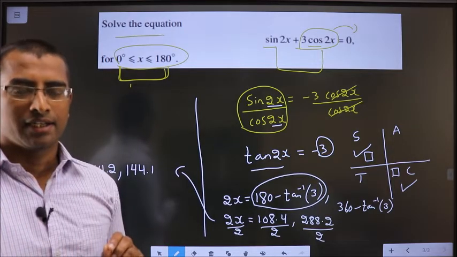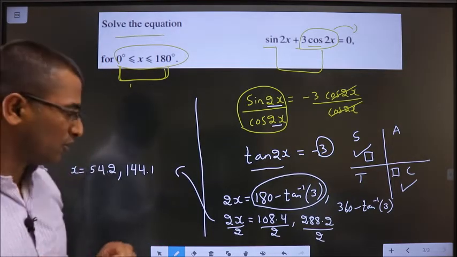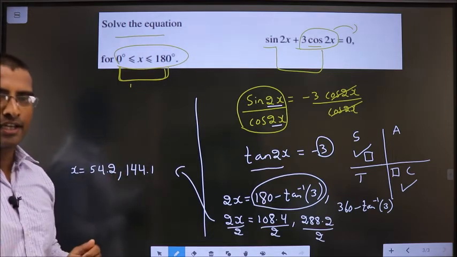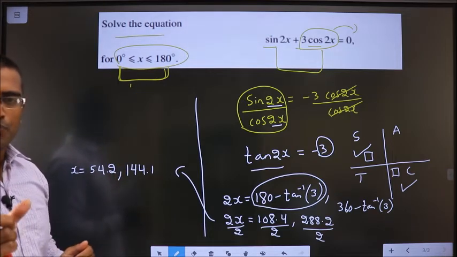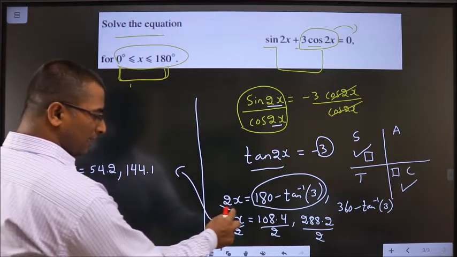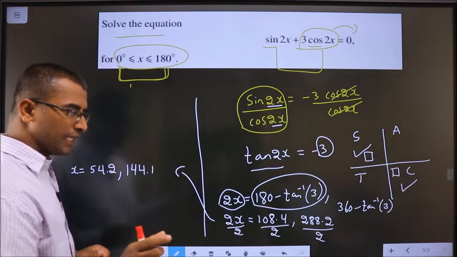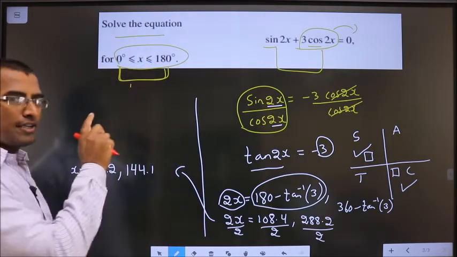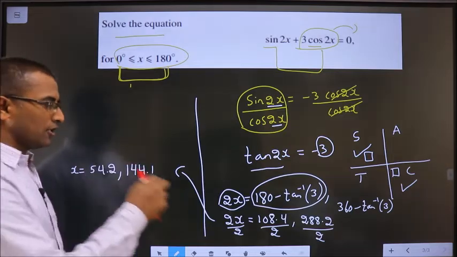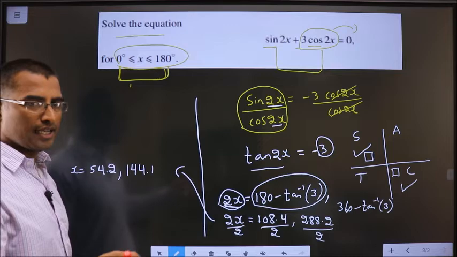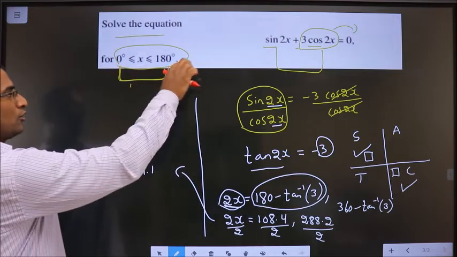One more thing. How do you make sure that only two values of x satisfy this? There could be more. To be sure of that, we need to see here. Here which value do you have? You have 2x. Here you have x. X lies between 0 and 180. Then you need to see in what interval 2x lies. So multiply by 2 to this.